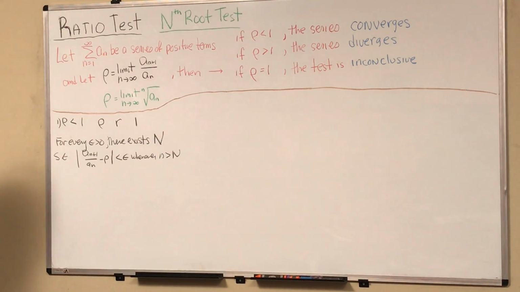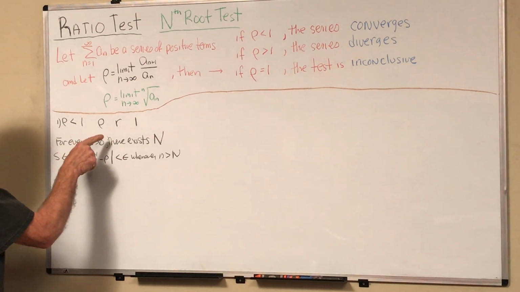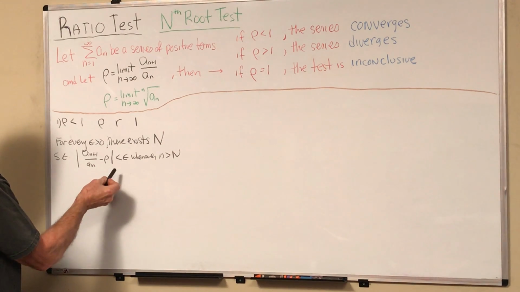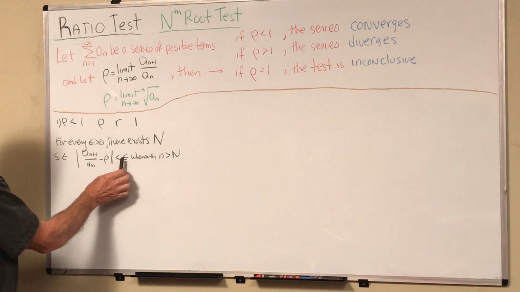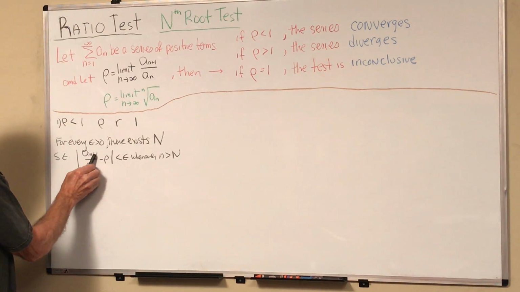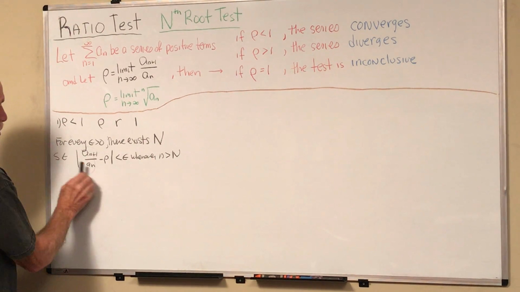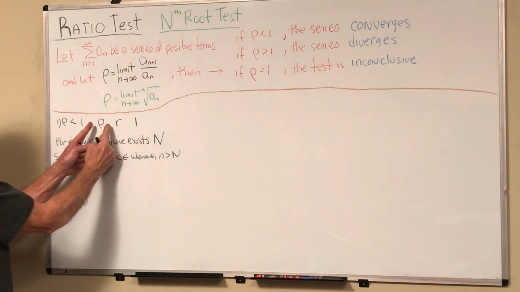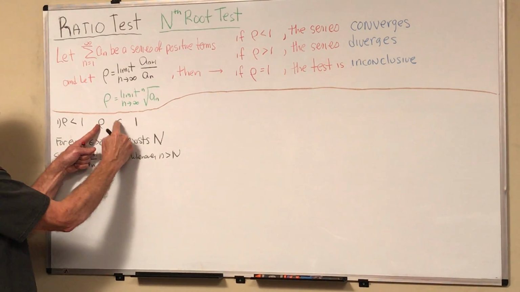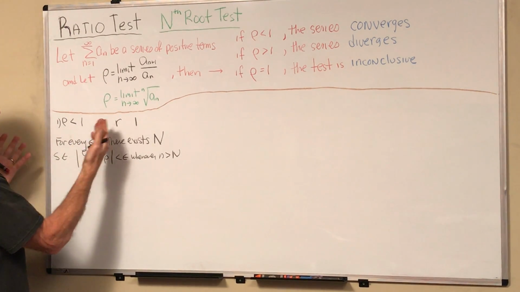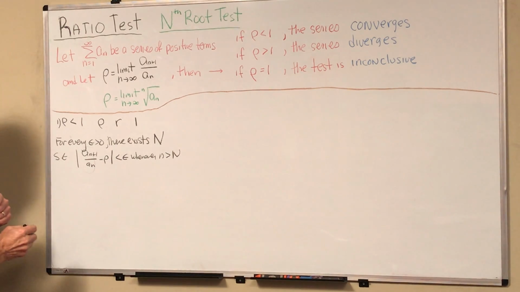So this is where you really have to concentrate, because what this is really telling you is no matter how small you want to get, you can get this ratio right here as close to rho as you want. So there's some difference between rho and r. R minus rho is the distance between there.